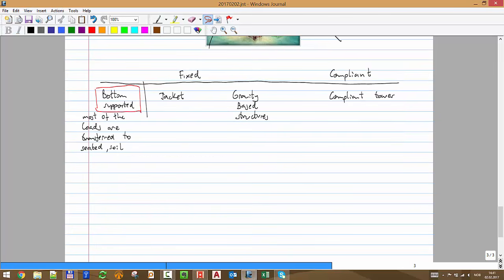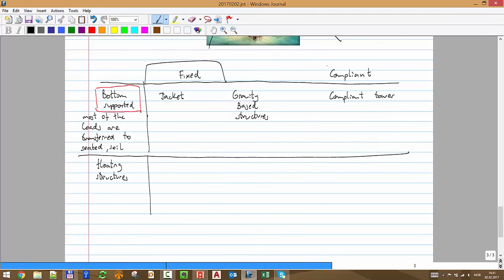Okay, and the other category is what we call floating structures. Okay, and floating structures are those that are kept up mainly by buoyancy.